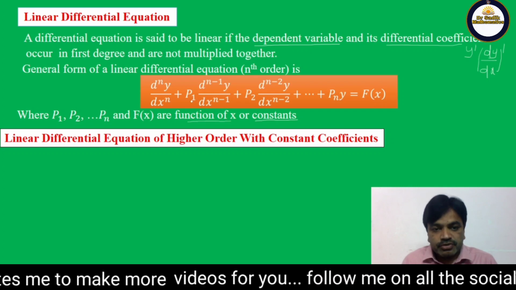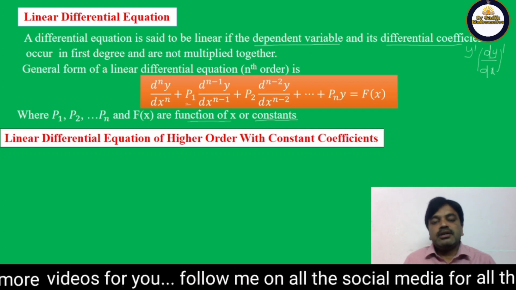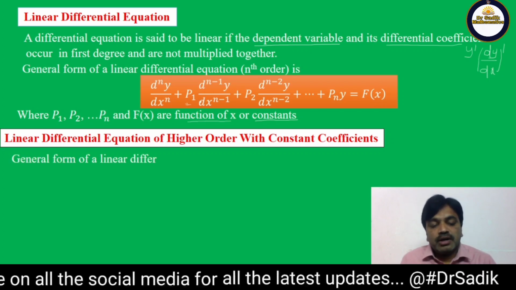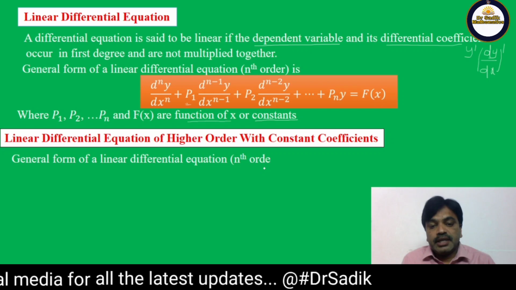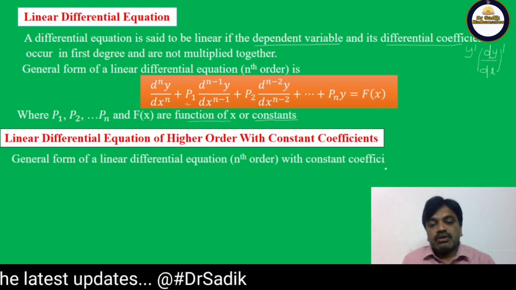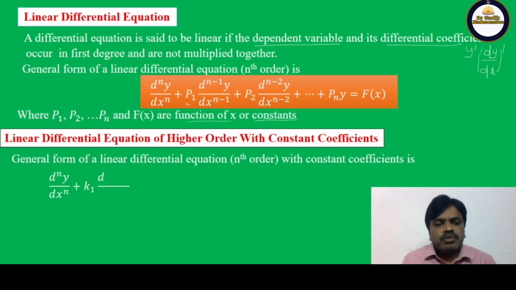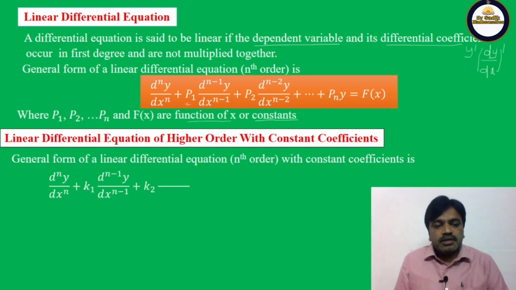That means these coefficients are constants. Let us see the general form. The general form of a linear differential equation with constant coefficients is d power n y by dx power n plus k1 d power n minus 1 y by dx power n minus 1 plus k2 d power n minus 2 y by dx power n minus 2 and so on plus kn into y is equal to f of x.